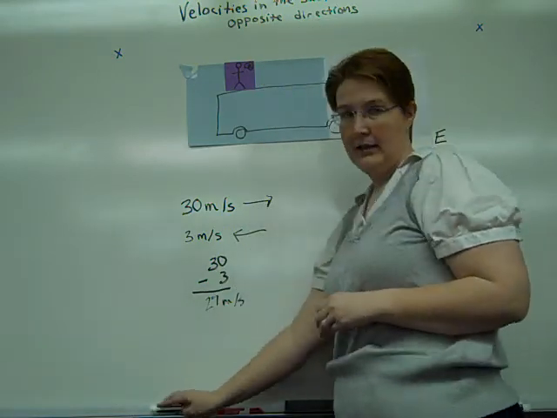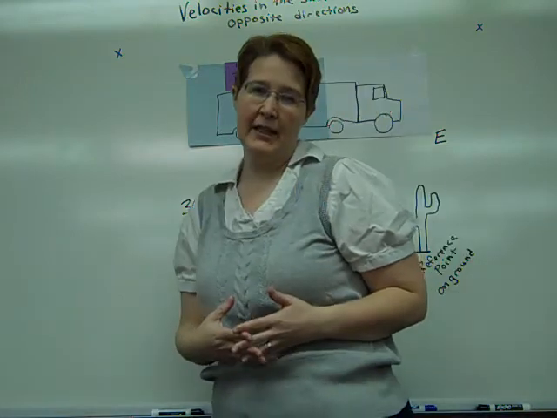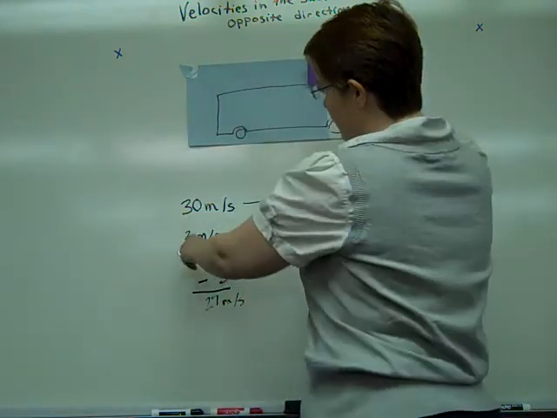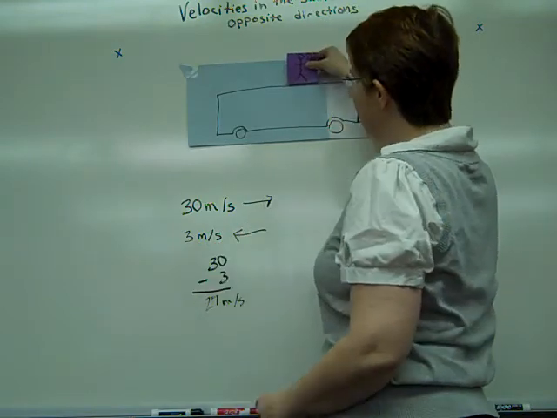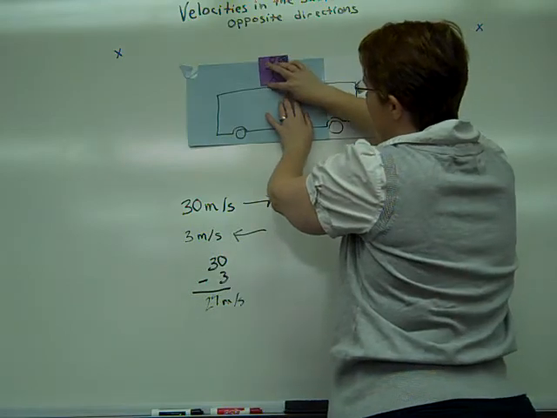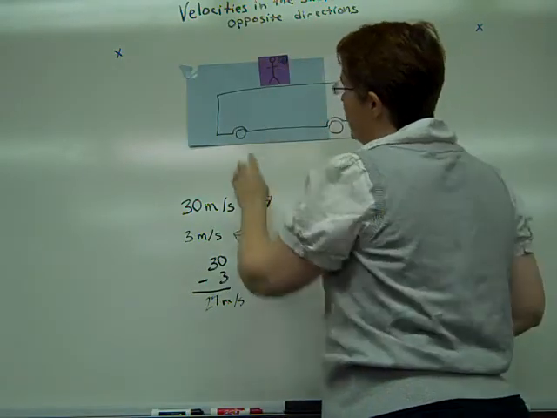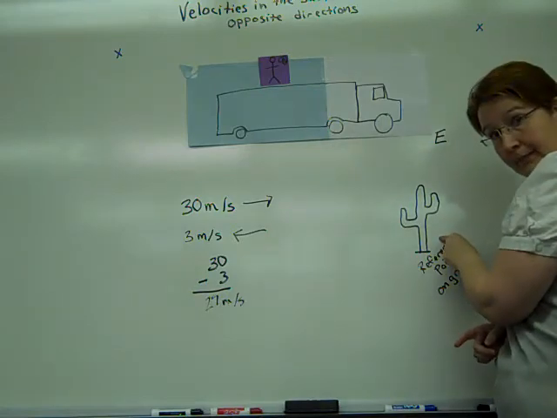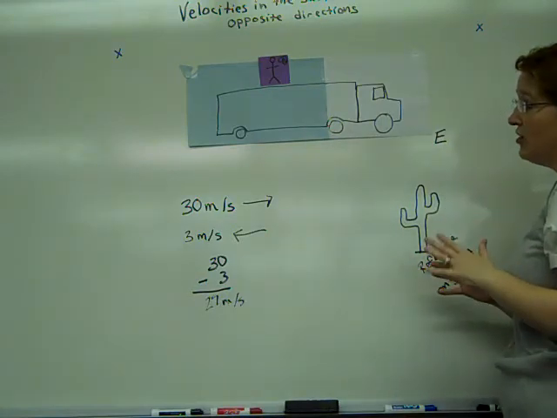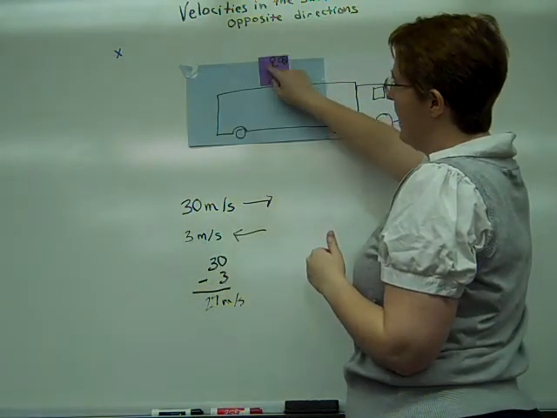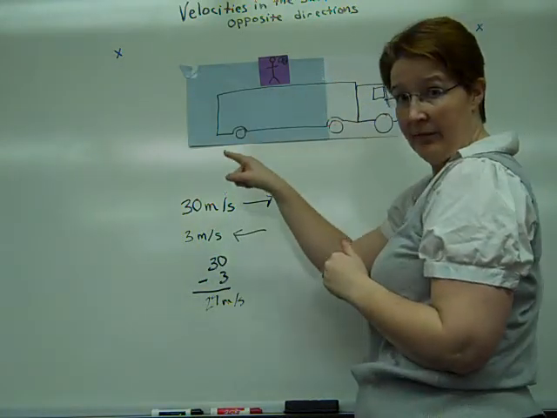The thing with total velocity is that this number here is the guy's speed compared to the truck, and what you're trying to find is the guy's speed compared to the cactus. So you want to make sure that you're trying to figure out what's moving in what direction.